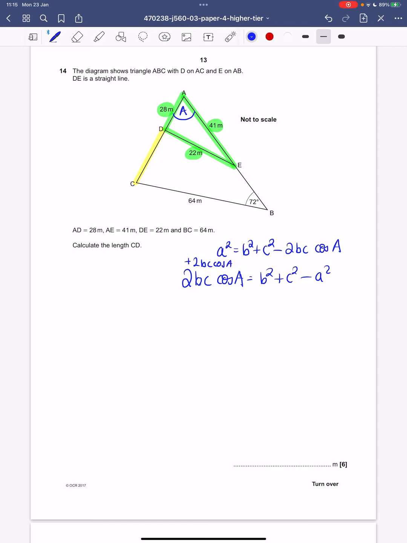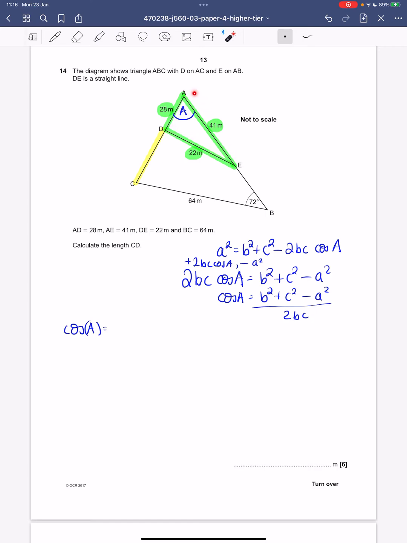But we also take away A squared from each side. We rearrange it to get that. So cos A is going to be B squared plus C squared minus A squared over 2BC. Okay, so cos A. Oh, sorry, we're on this one here.